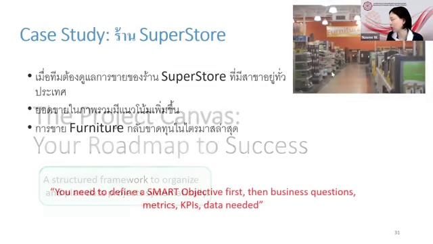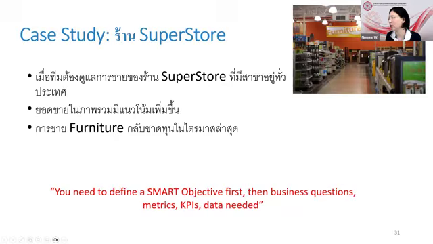We'll use Superstore. Superstore is a store like Office Mate that sells furniture, copy machines, stationery, papers, things like that. Let's say we have a team that sells things in Superstore, with branches all over the country.